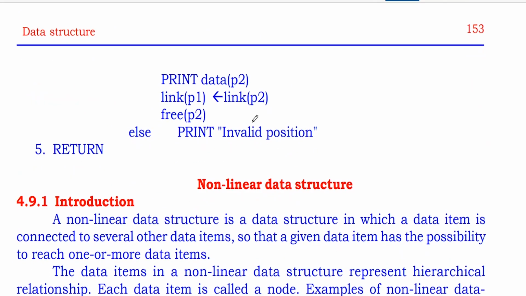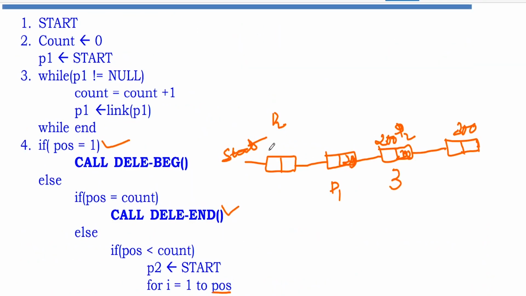Again, link of P2 will be copied to link of P1. That is, the 300 we had here will be copied here. If I copy 300, this relation is broken and this is established to this one.